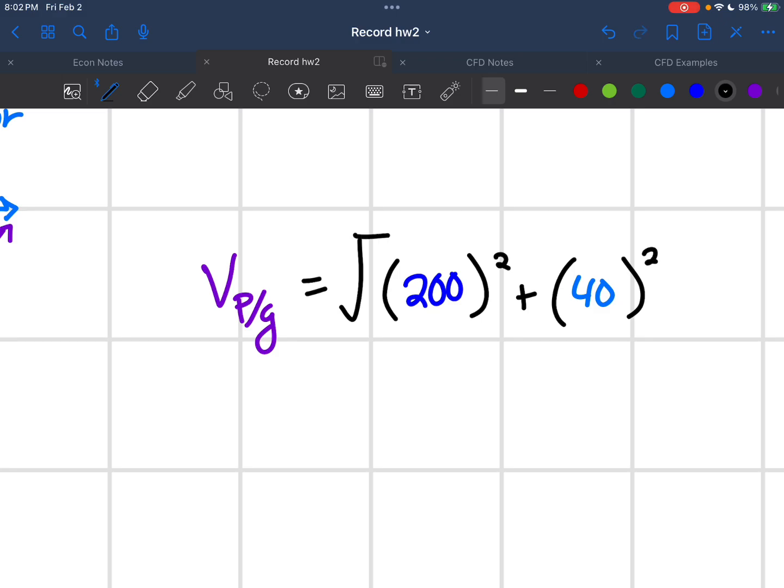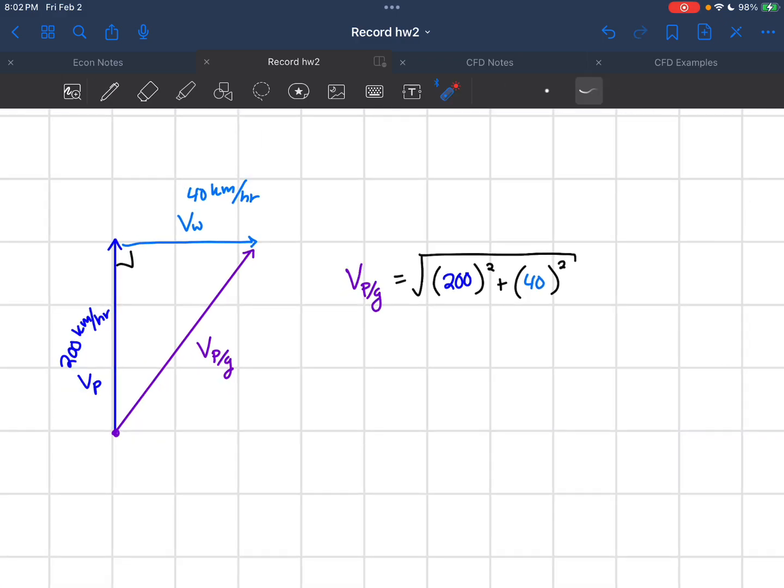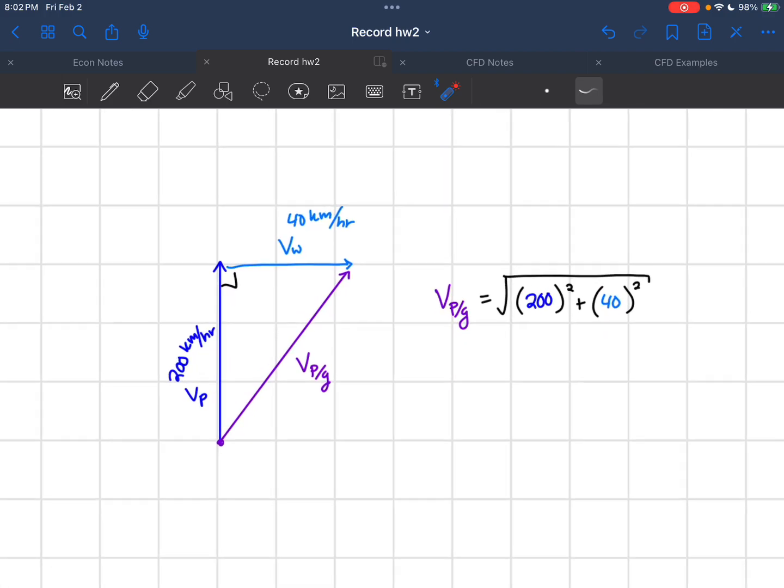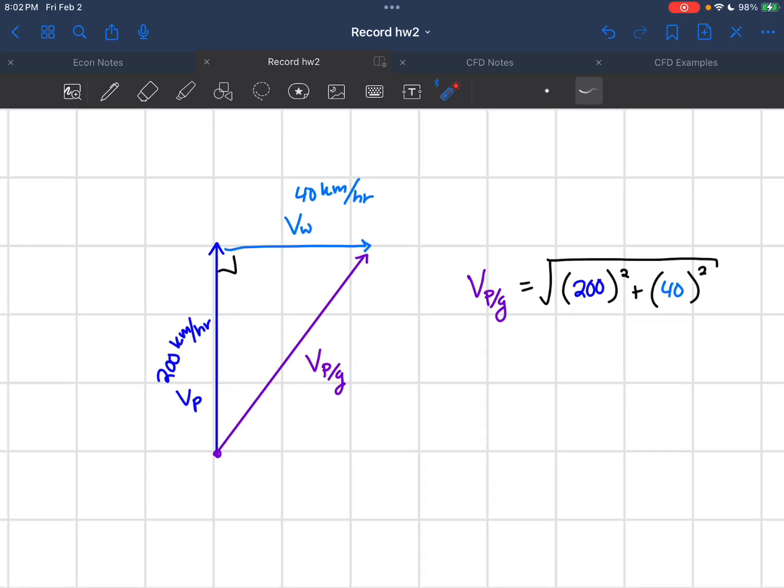Now, you may have also noticed that I didn't convert my units. Usually the first thing that I do when I see something that's not in base units like meters, seconds, kilograms, I would convert it directly into meters per second, and I usually don't even write it down as kilometers per hour.